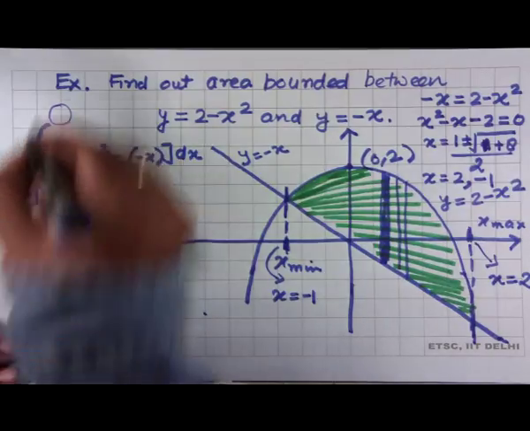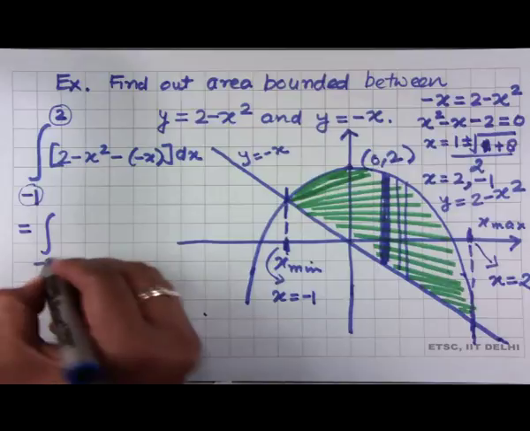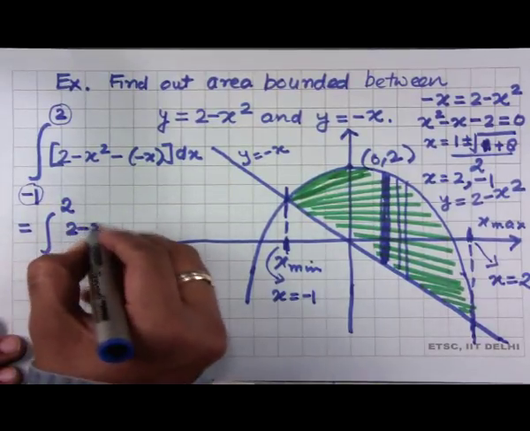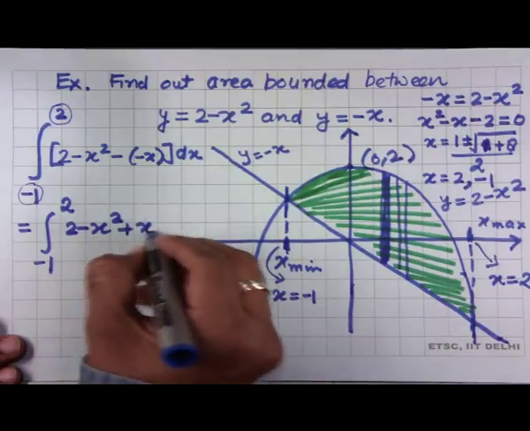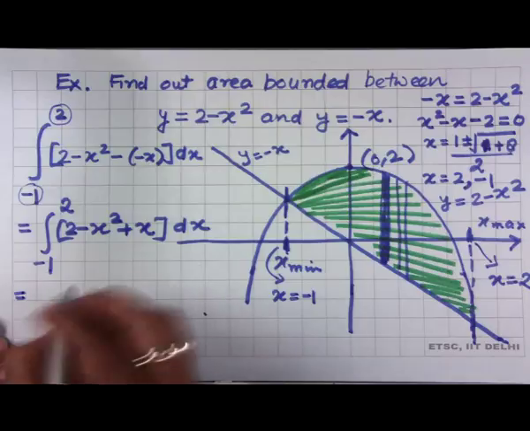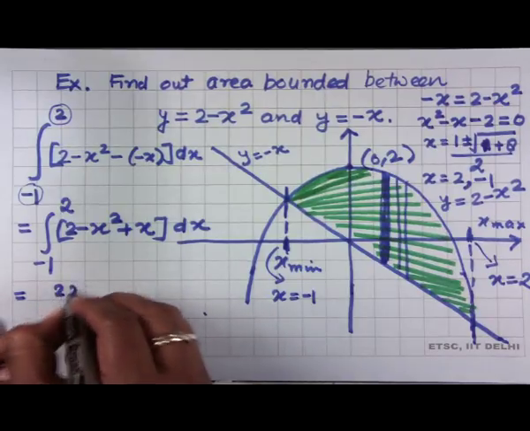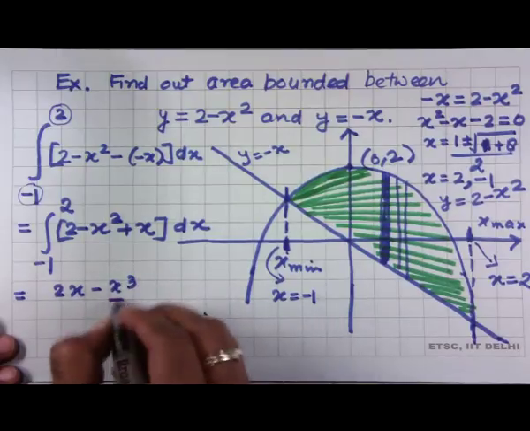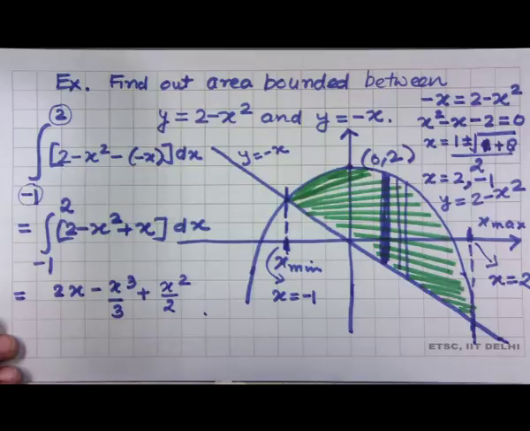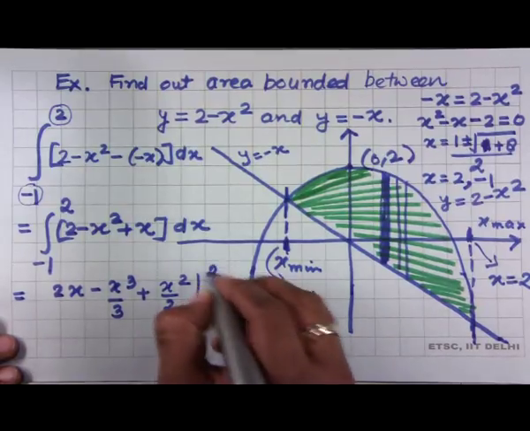So, we need to put the limits over here and we get the integral of 2 minus x square plus x dx. Integrated, we get 2x minus x cube by 3 plus x square by 2, from minus 1 to 2.